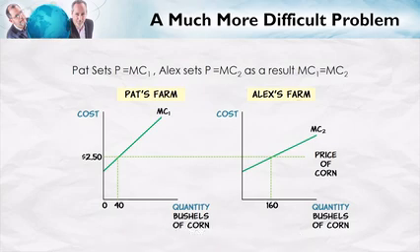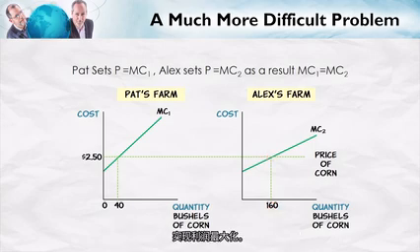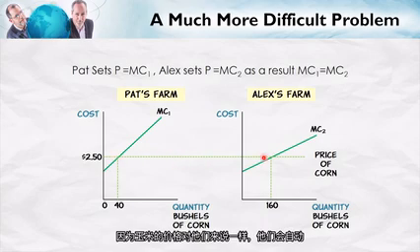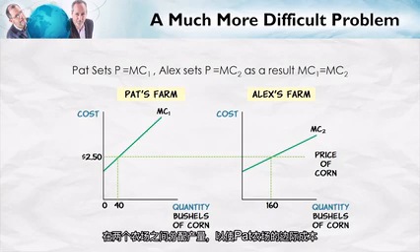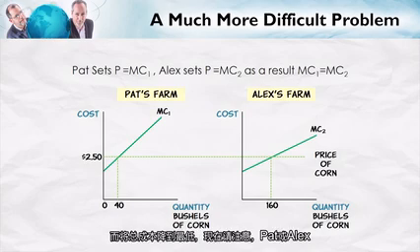Alex chooses to profit maximize by producing that quantity such that price is equal to Alex's marginal cost. And since the price of corn is the same for both of them, they automatically choose to allocate production across their 2 farms such that the marginal cost on Pat's farm is equal to the marginal cost on Alex's farm. And production is automatically allocated so as to minimize total costs.